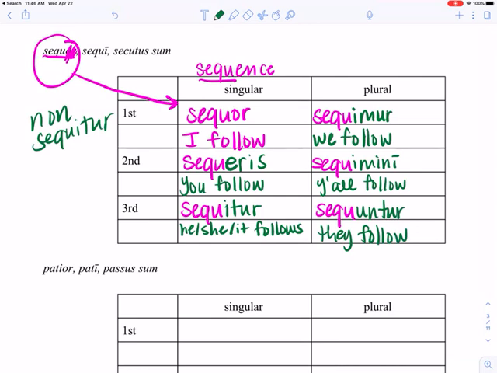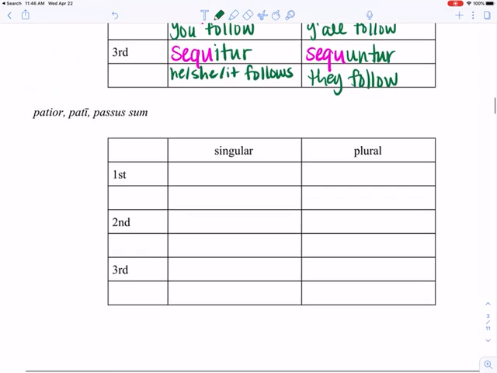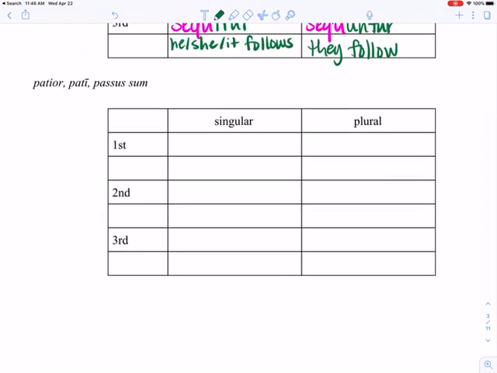All right, so we are moving on to patior. Okay, and patior is my third IO verb. So again, I'm taking patior and I'm putting it right here in my first singular box. Now, patior means to endure or suffer.